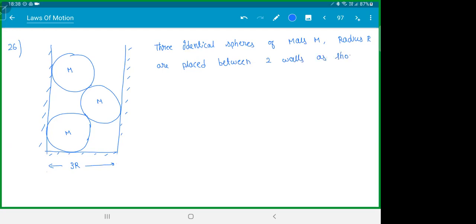Find all normal reactions. How many normal reactions are there? 6. 1, 2, 3, 4, 5, 6. Get all of them. Distance between the walls is 3r.